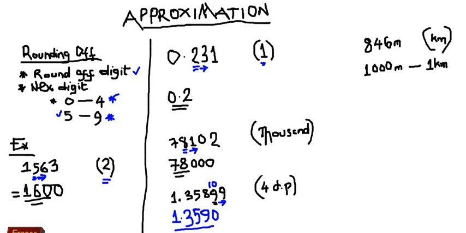So we are looking at 846. Now, when we have 1000 units, the middle is 500.